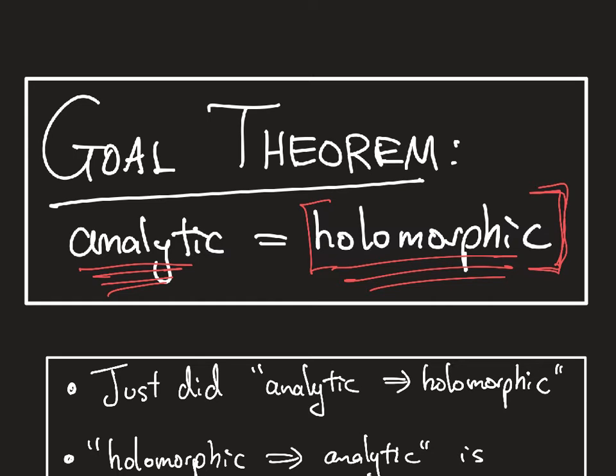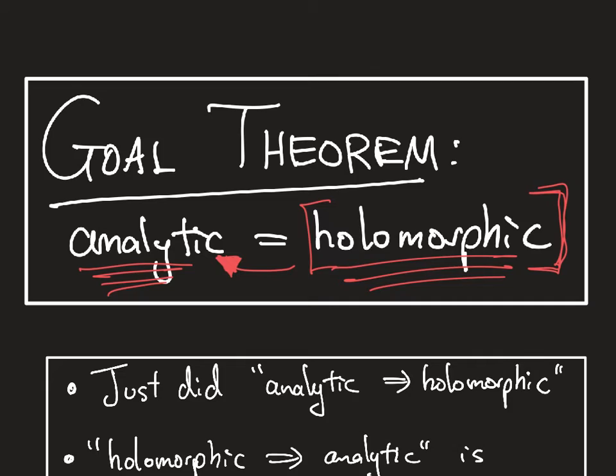You just have to check existence of the complex derivative and the continuity of the complex derivative, and even that condition we're going to get rid of later. And then we're going to get from that power series representations around every point, which implies infinite smoothness and existence of antiderivatives locally and all kinds of other nice things.